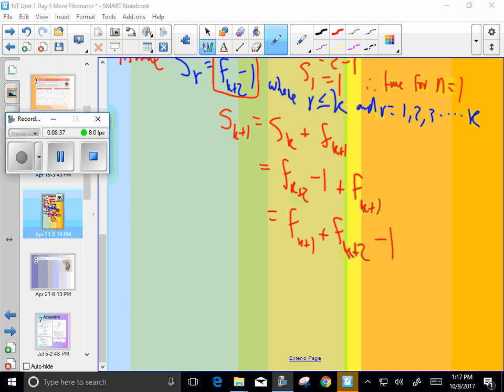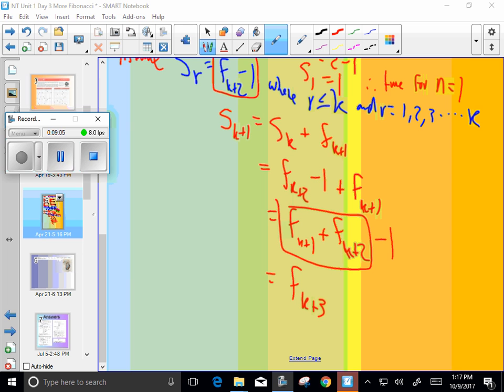Remember, we're talking Fibonacci sequence. What's this equal to in a Fibonacci sequence? F of what? That's right. Isn't it, you add the previous two terms to get the next one? That's what Fibonacci is. 1 and 1 is 2, 1 and 2 is 3, 2 and 3 is 5.